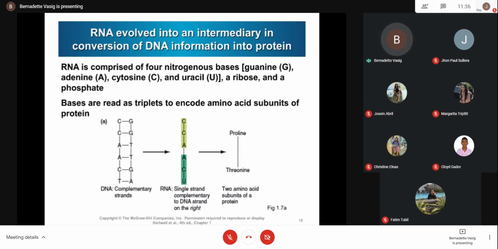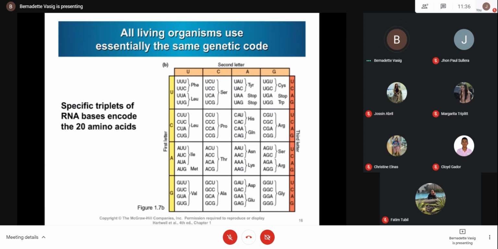So it assumes different shapes, which is, of course, needed by the cell. Okay? So you're familiar with this already, the different codons and the amino acid that they code. So an amino acid may be coded by several codons, but a codon cannot code for several amino acids.